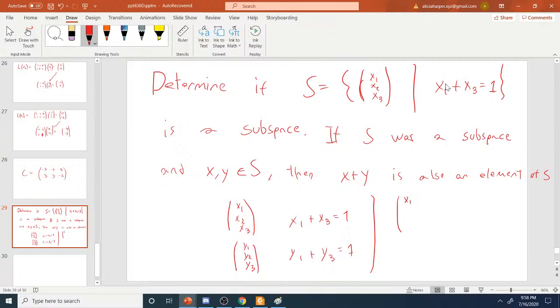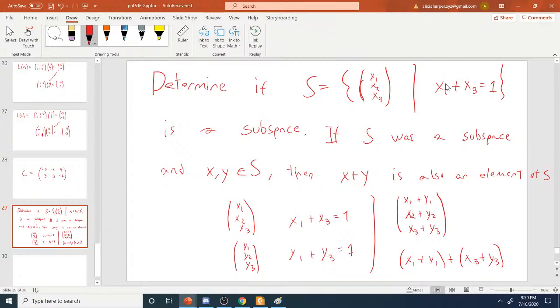Now suppose we add this vector to this vector. Then we get x1 plus y1, x2 plus y2, and x3 plus y3. But then, if we add the first component to the third component, we have x1 plus y1 plus x3 plus y3.